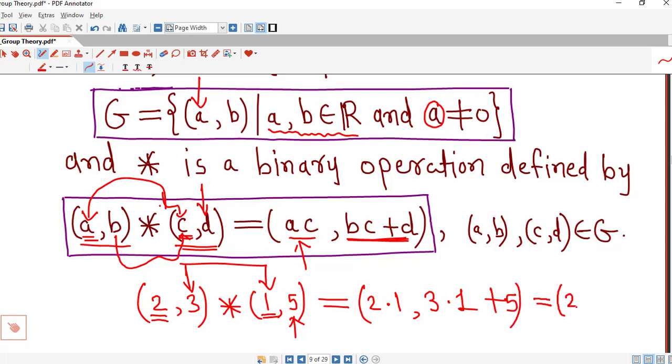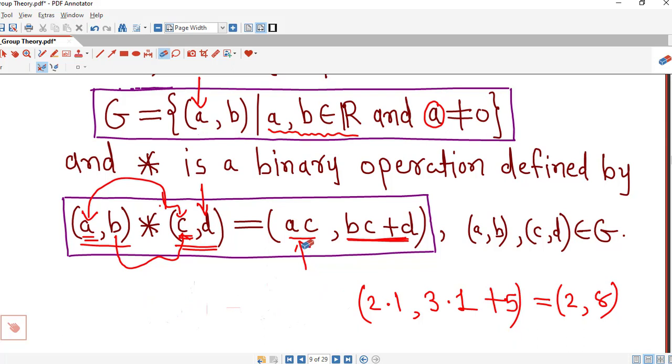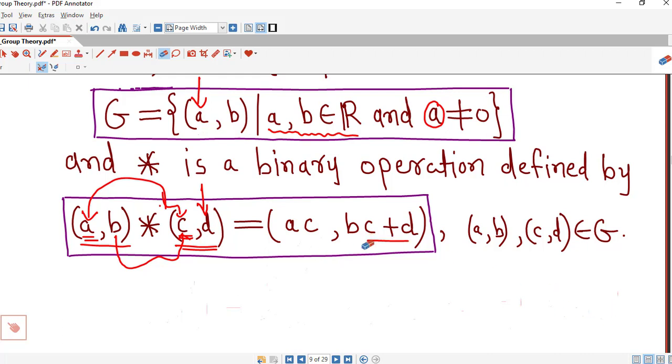So this is equal to (2, 8). This is how the given operation is defined, and we have to prove that the given set G is a group with respect to this binary operation.